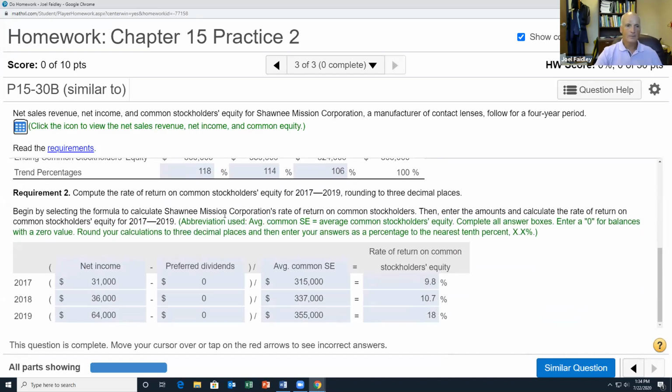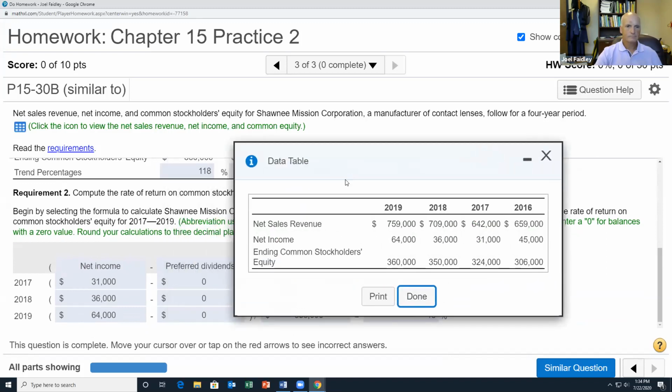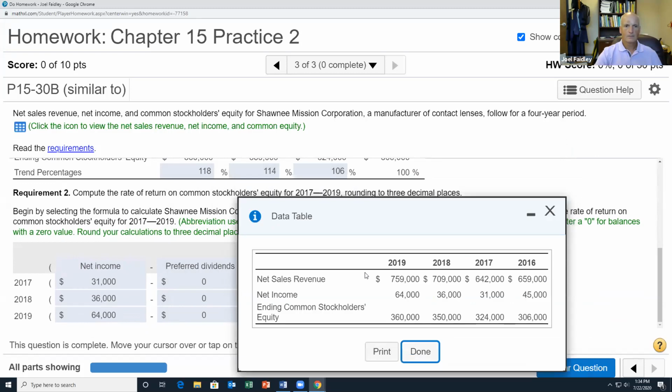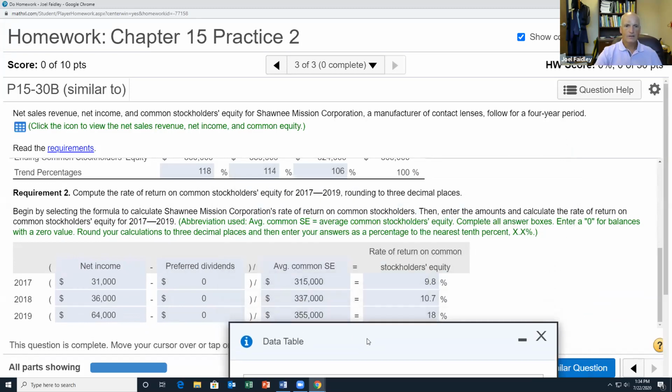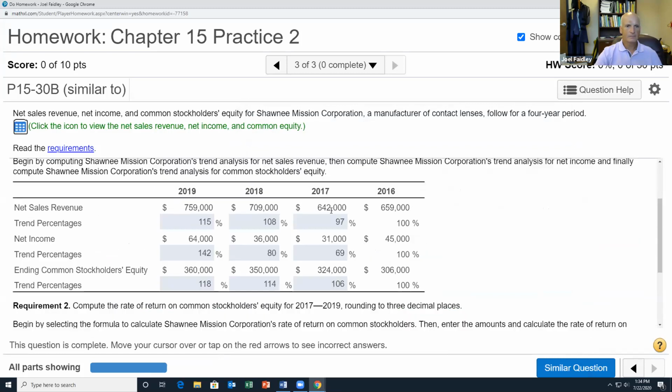And then return on common stockholders' equity. Net income, 31, 36, 64. And the average common stockholders' equity. That's the ending. Where's the beginning?